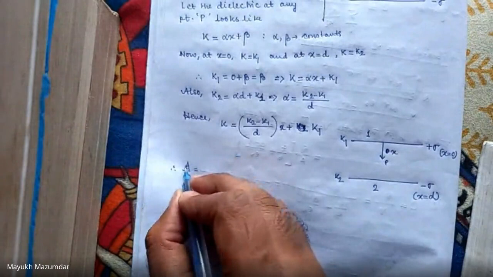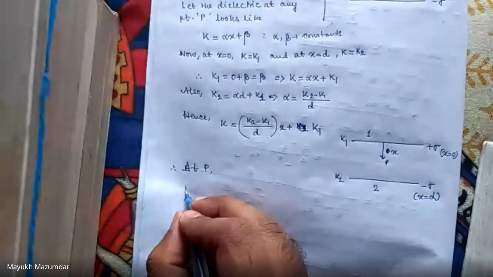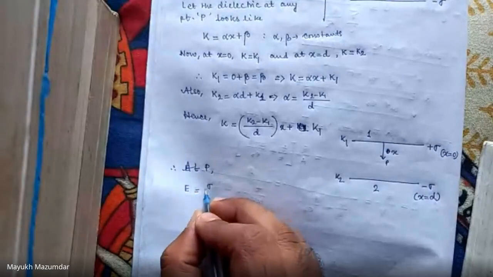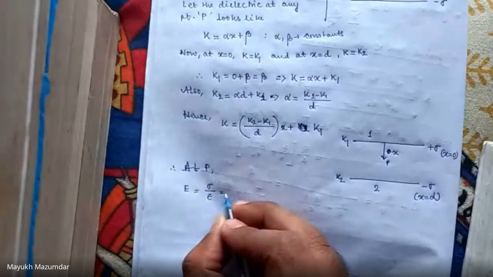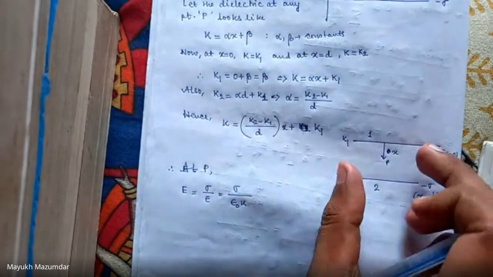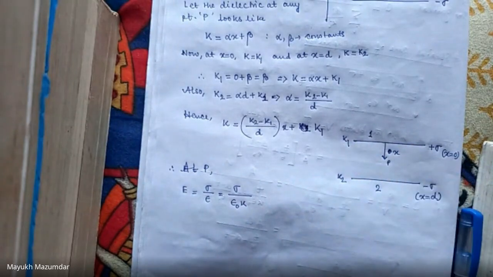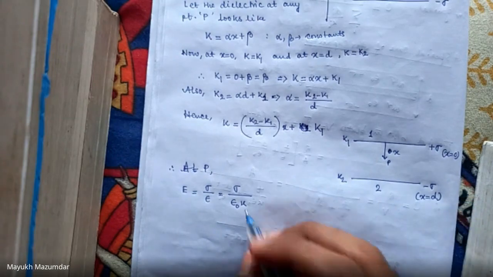At P, the electric field would look like sigma by epsilon 0 K. See, there is only one material inside. There are no composite materials inside. But that material has different permittivity at different distances.